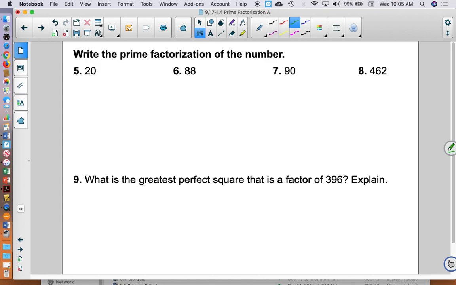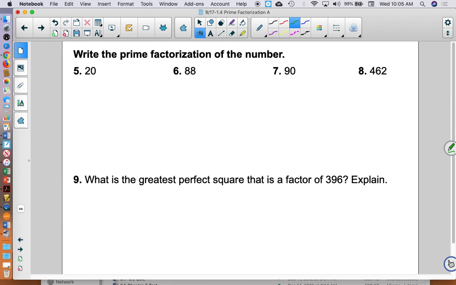Okay, that's the tree, but that's not the prime factorization. Hey, if you don't know what prime factorization is, look at your vocab. Go look at the vocab. Remember we wrote an example? That's why we do the vocab.